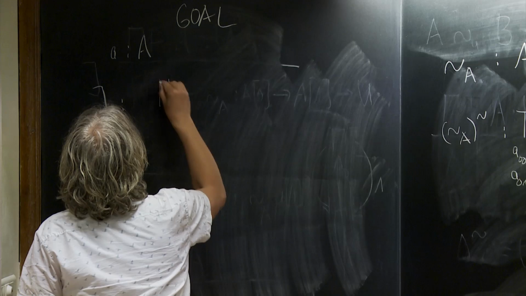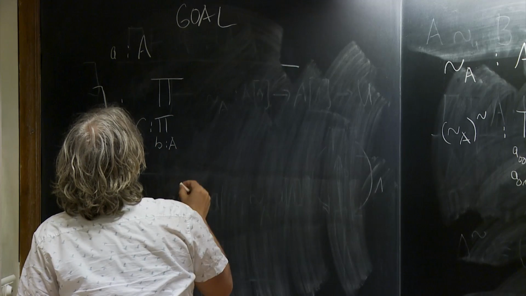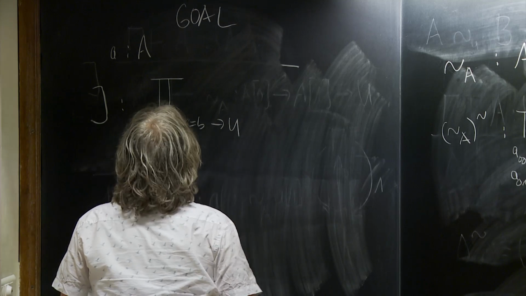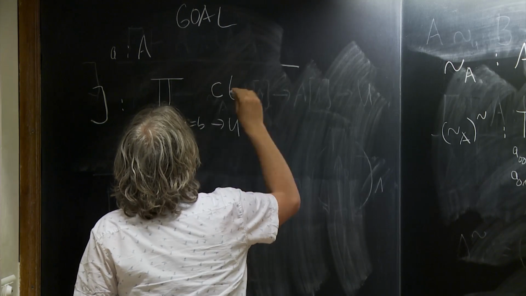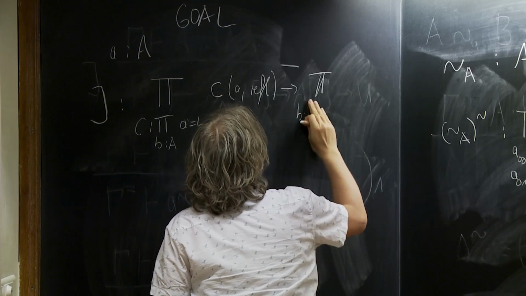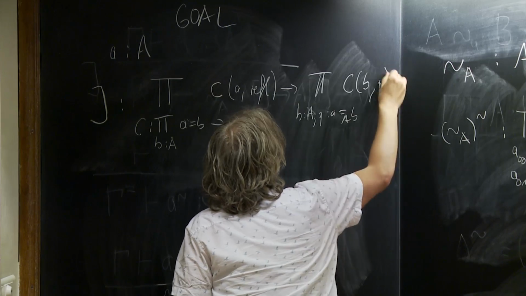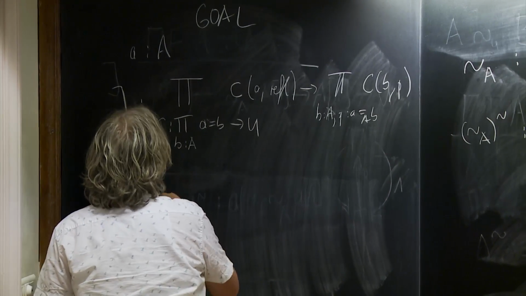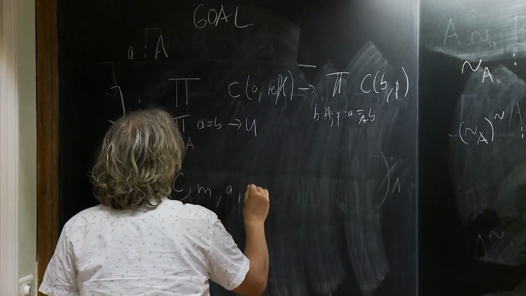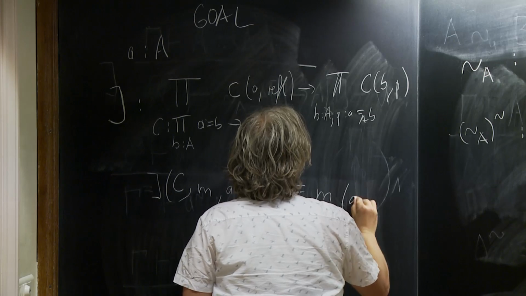So I'm fixing one element, and I'm saying for all predicates C which, given another element and the proof that a is equal to b, then if I have C of a refl, then for all b in A and p in a equal b, I have C b p, and moreover the equality J C m a refl is definitionally equal to m of a.